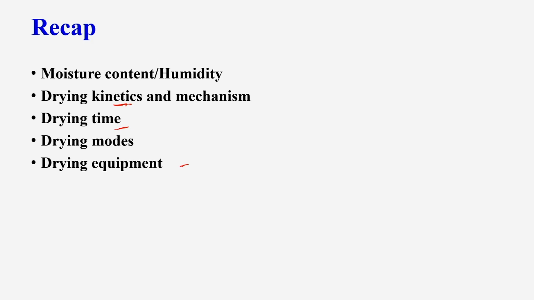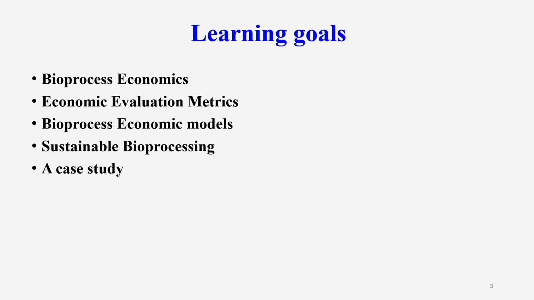If you see the drying curve, after the second falling period there may still be some moisture content, which we refer to as the equilibrium moisture content, because beyond that the moisture cannot be removed.